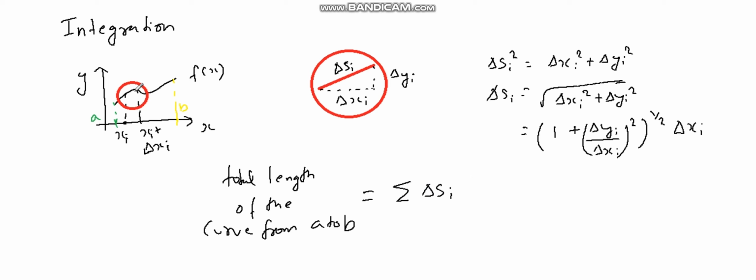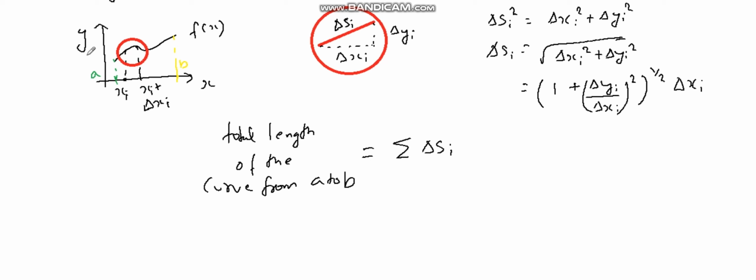We will just add up the length of all these small chunks that we can break this curve into. But of course this is a curve, and this is a straight line. So how will we deal with this?